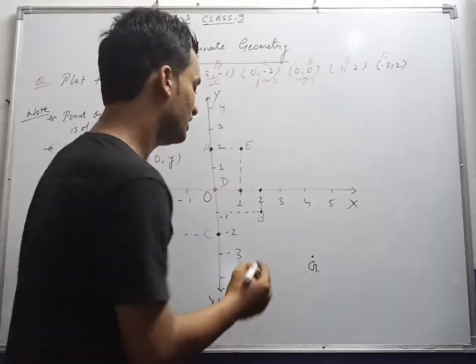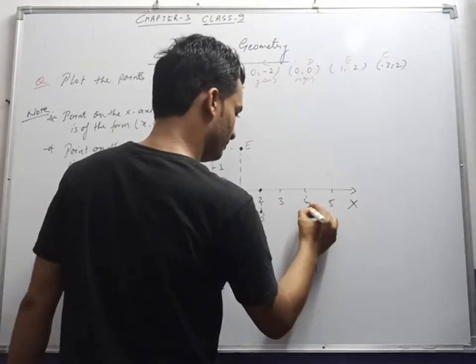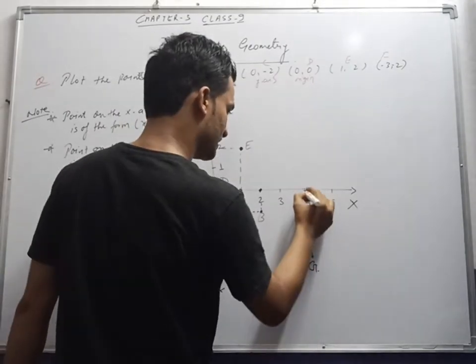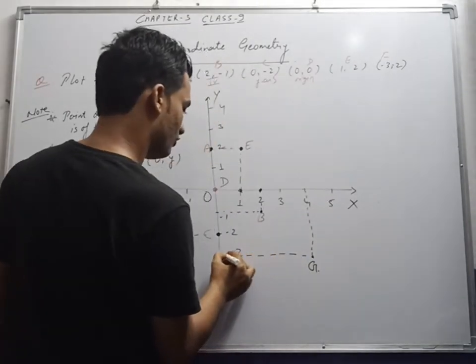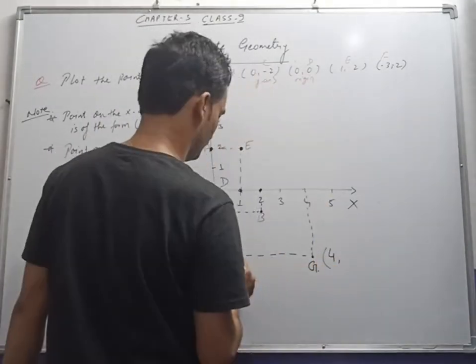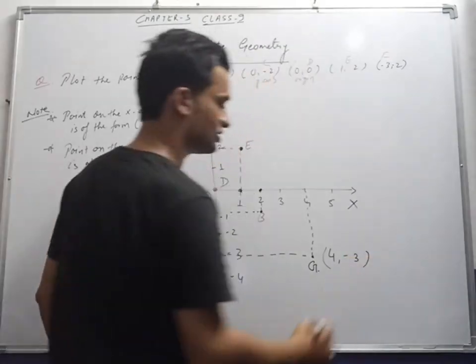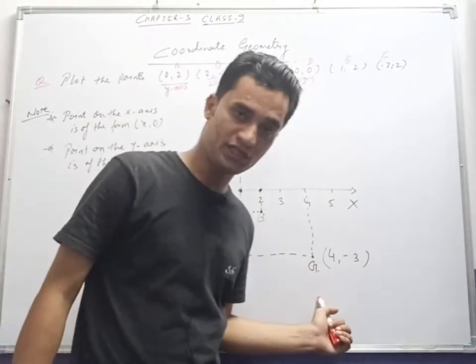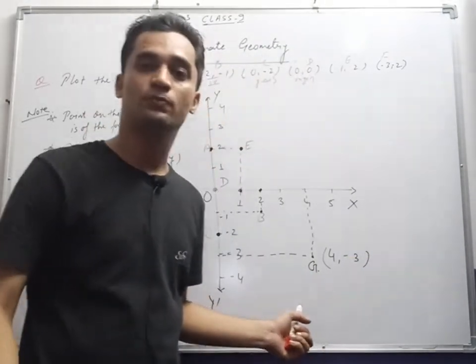Then we have to make a perpendicular to the x axis and a perpendicular to the y axis. The value of x is 4, the value of y is -3. So this will be the coordinate for the point G.